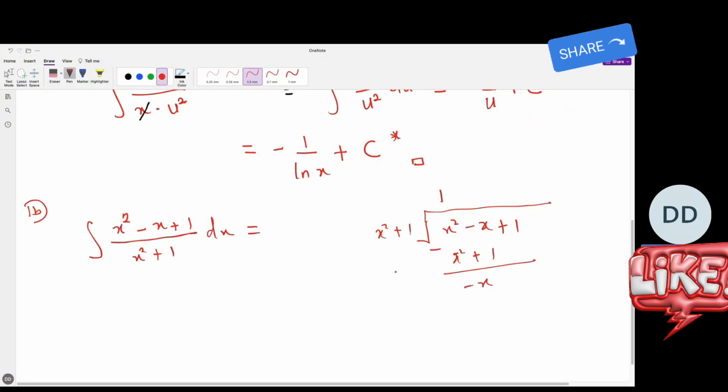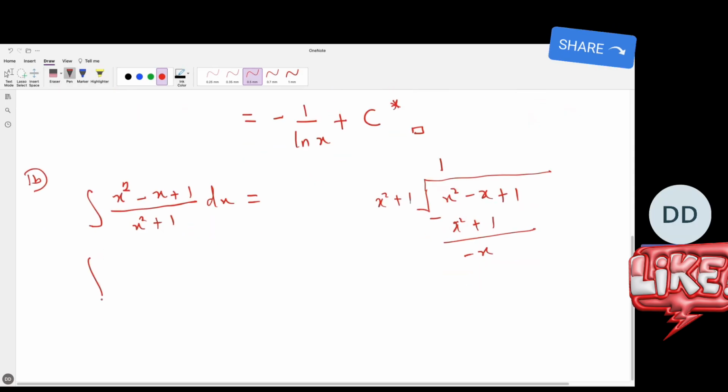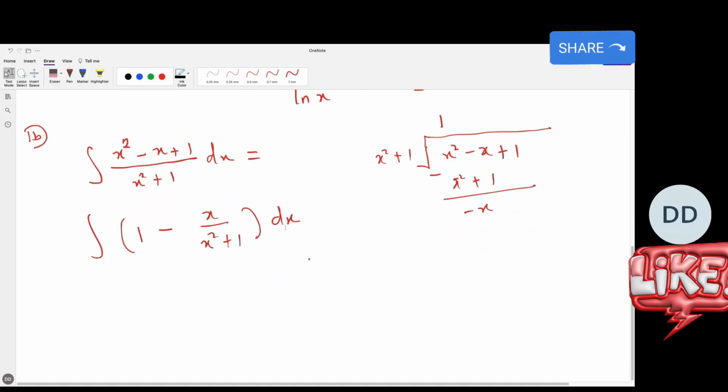Do you see that? So this means that I can rewrite this as the integral of 1 minus x over x squared plus 1 dx. Yes, that's right. Do you see? So now, just by polynomial division, we're able to break the large polynomial expression to a smaller chunk, which now looks easy.